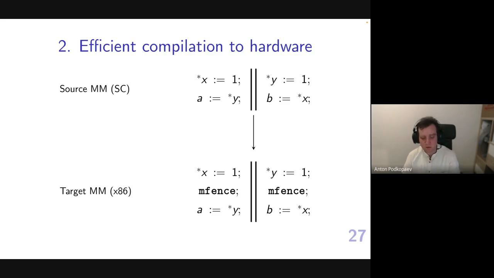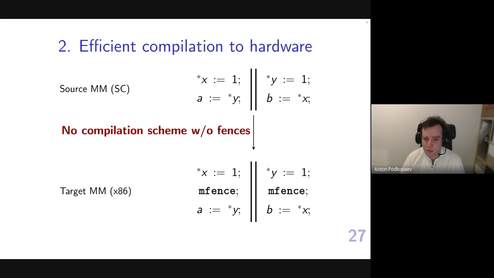Unfortunately, there is a problem with such an approach, because the compiled program with these memory fences will be slow: the execution of these instructions takes a lot of time, basically due to the requirement to synchronize the write buffers with memory. So in practice, it's slow. And a compilation scheme that avoids this we call efficient.